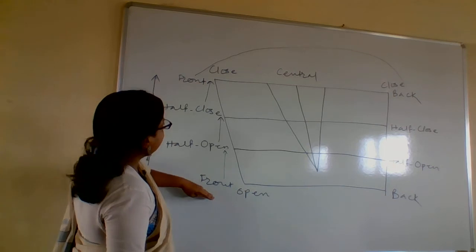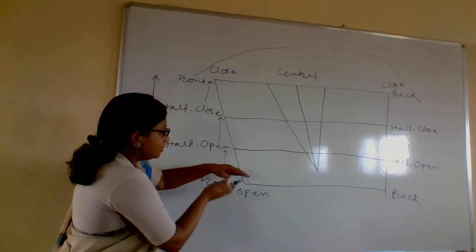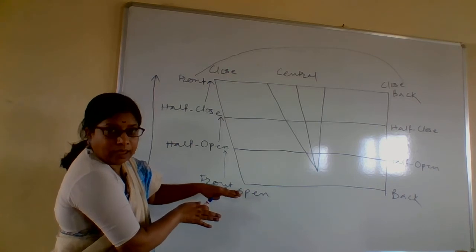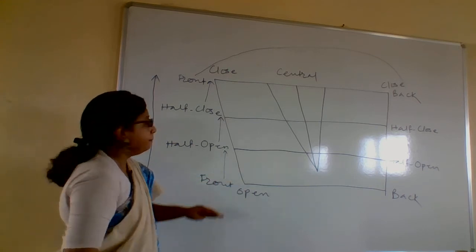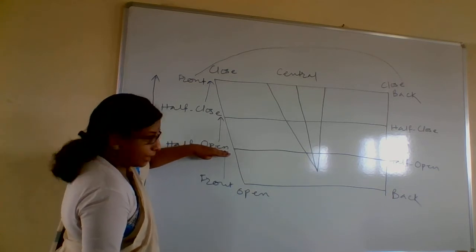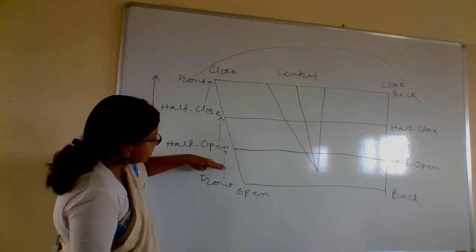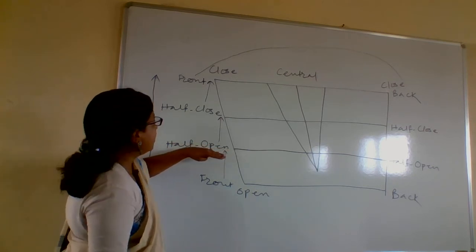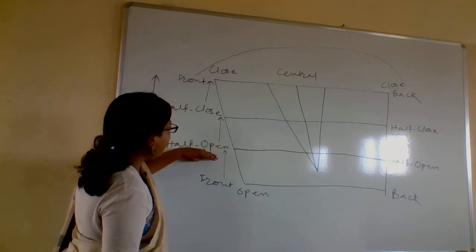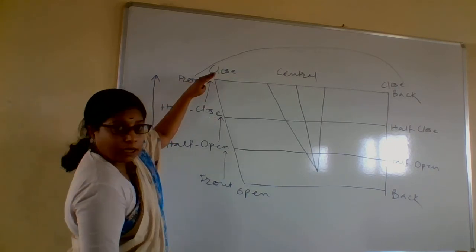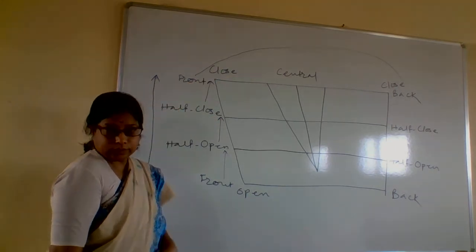So these are the four heights when the tongue is lying horizontally in the normal position, when we are not speaking, say. It is known as the open position. If it is raised somewhat higher, it is known as half open position. This is half closed, and this is the closed position. Okay.